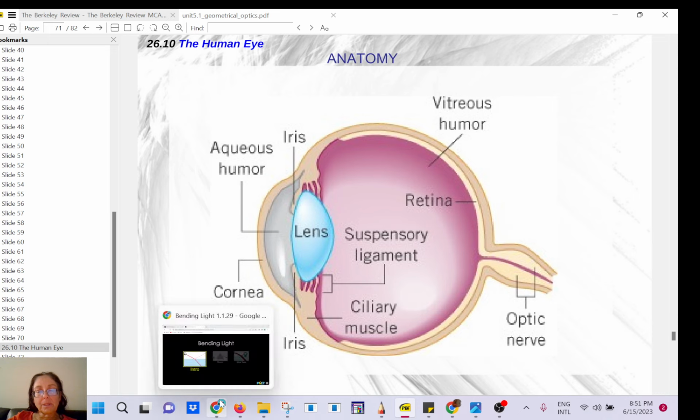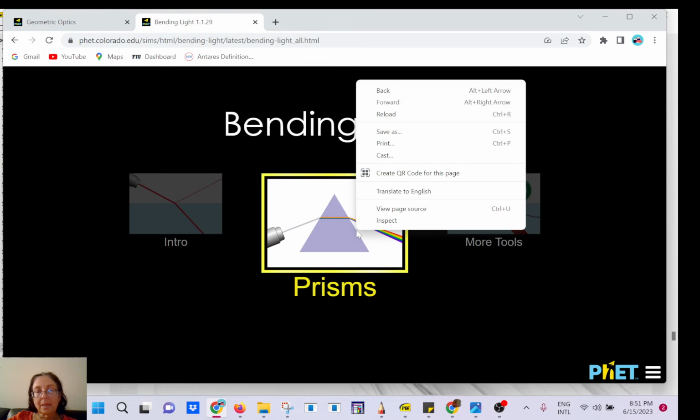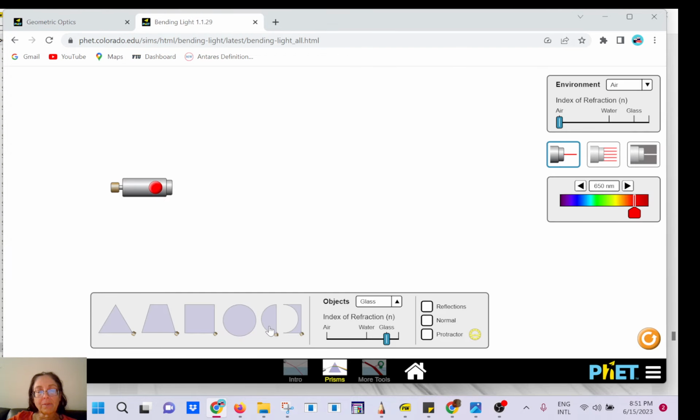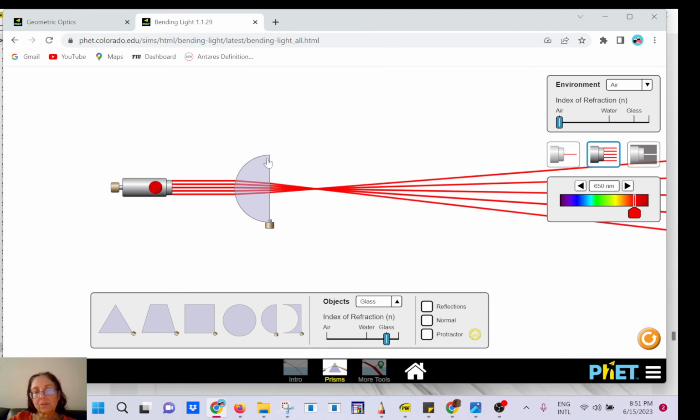It looks a little bit like when you take half of a disc here, you see, you're going to get refraction. So it's behaving like a converging lens.